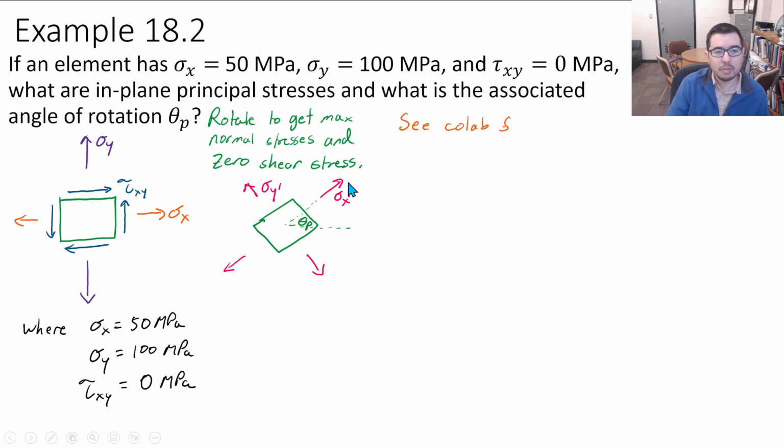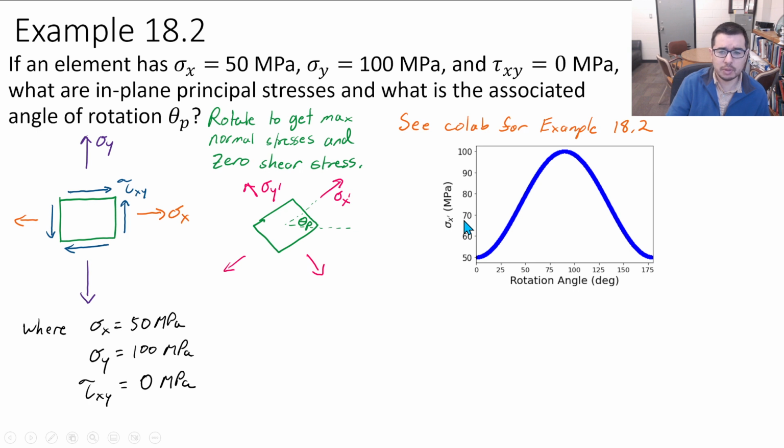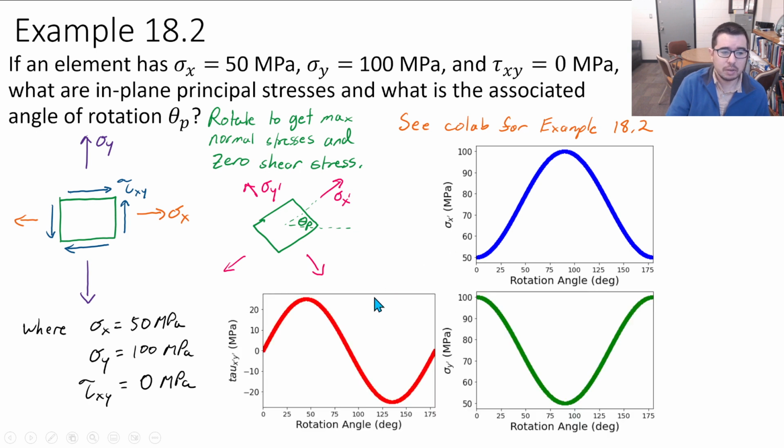So once again, we can use the Colab, which is included, and we can look at the outputs, which are these graphs here. If we draw a line going through the maximum sigma x prime, which also goes through the minimum sigma y prime, and we look at where the maximum sigma y prime is, it's at 0.